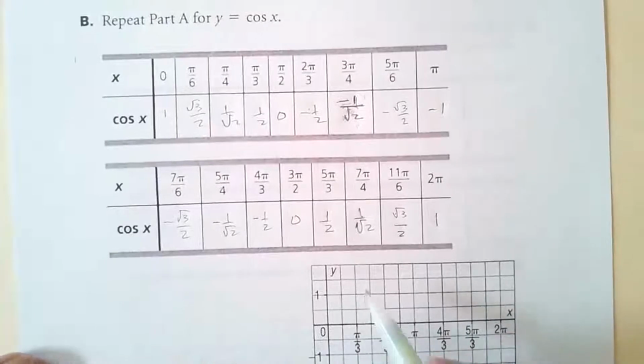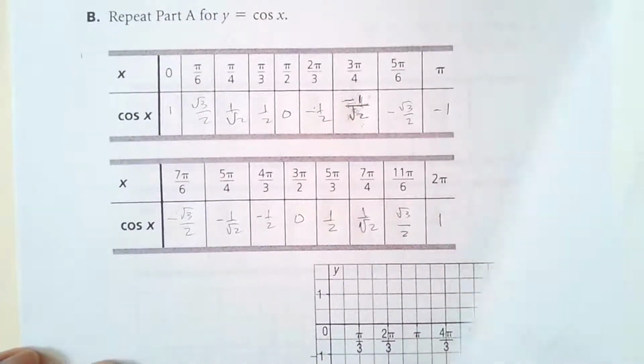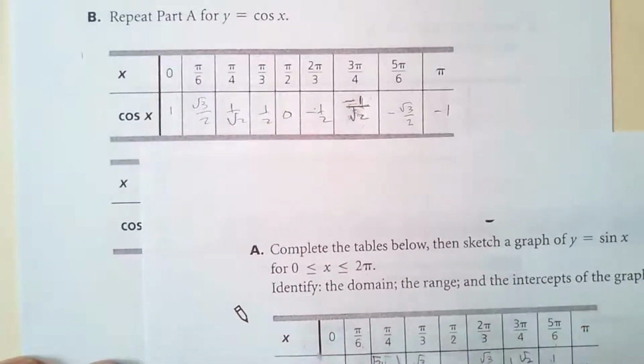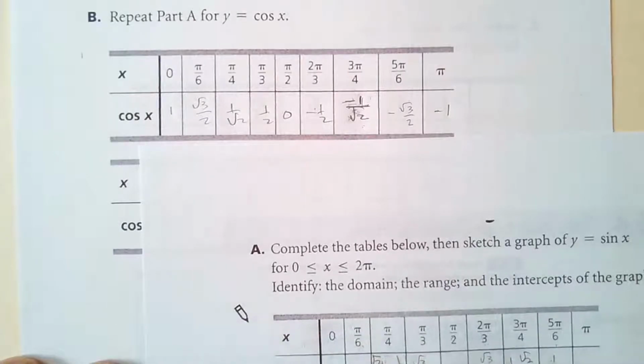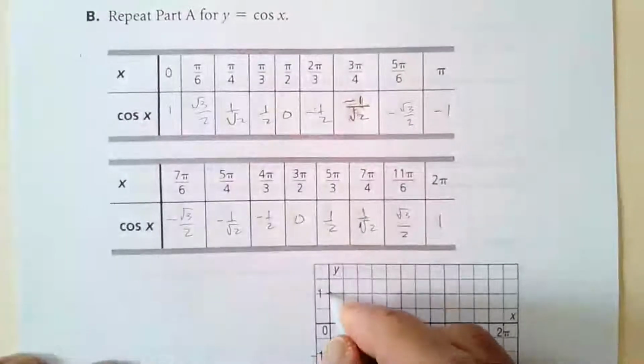And here's the difference between the cos and the sine. Remember your sine: x is 0, sine of 0 is 0. But now cos of 0 is 1. So now we're starting from here.